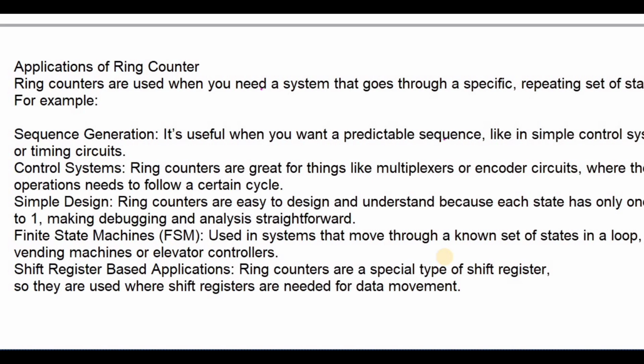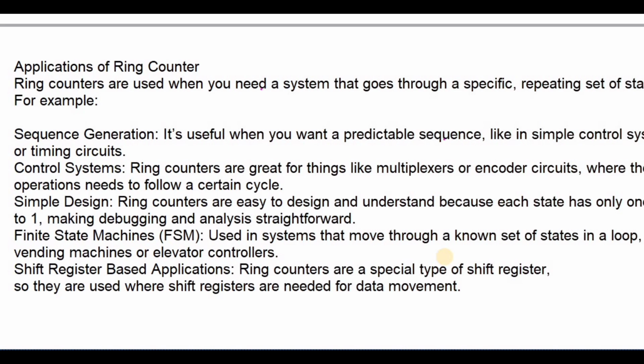Then it is used in control systems, for things like multiplexers or encoder circuits, where the order of the operation needs to follow a certain cycle, and it is used in simple designs because it is easy to design and understand, because each state has only one flip-flop that is set to 1.